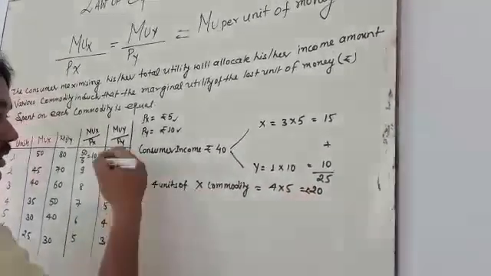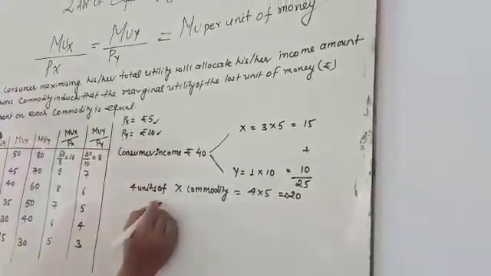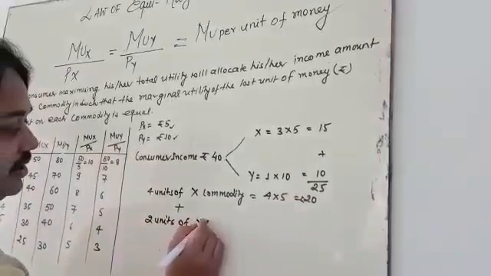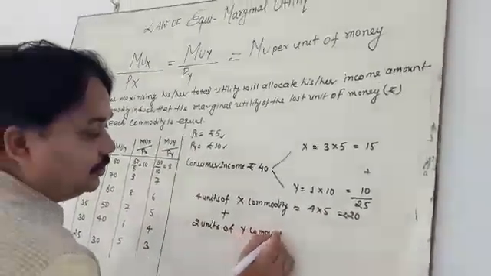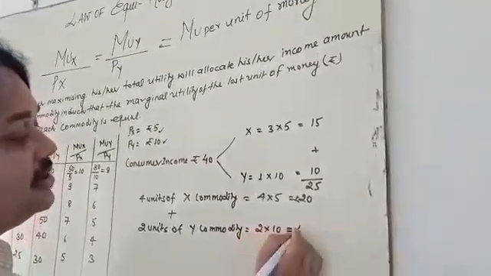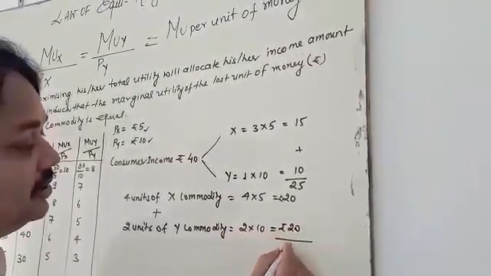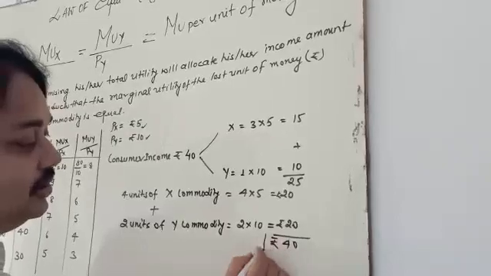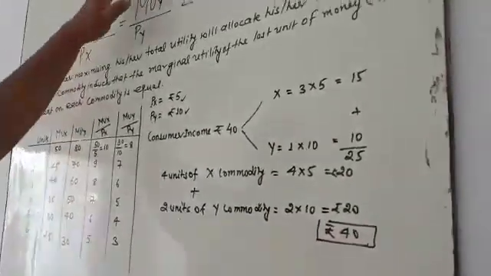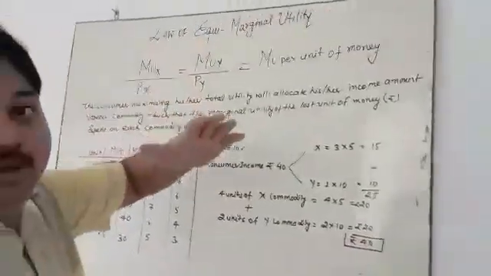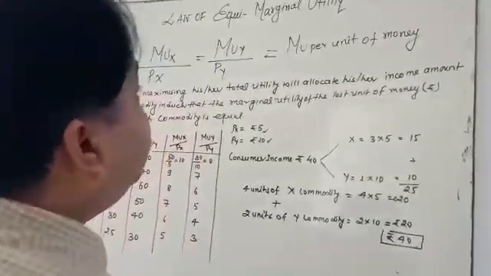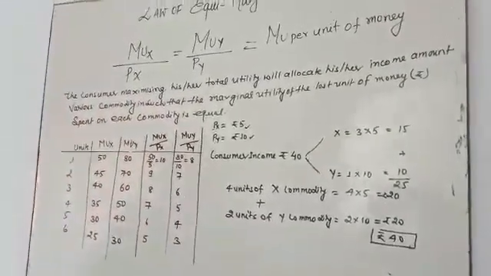And the rest 20 rupees for 2 units of Y commodity, that is 2 into 10 is equal to 20. It means he spent the total amount of 40 rupees. This is the equilibrium position. Equi means equal. What type of equal? An equal distribution of the money on the particular commodities.